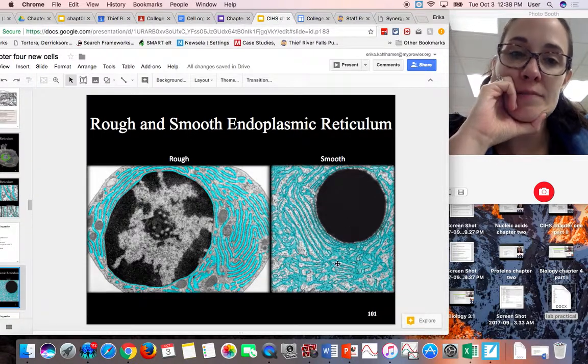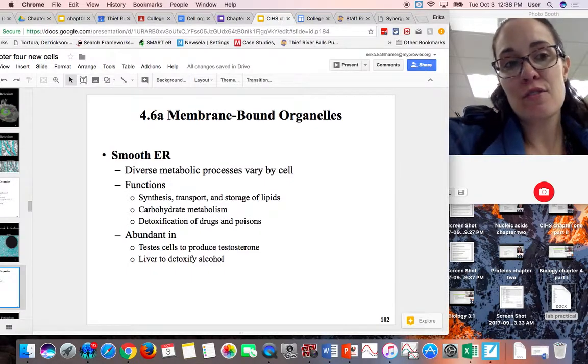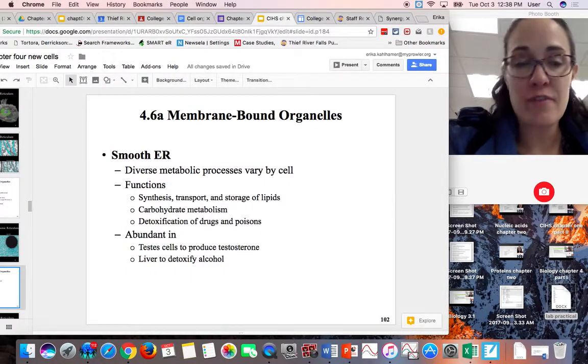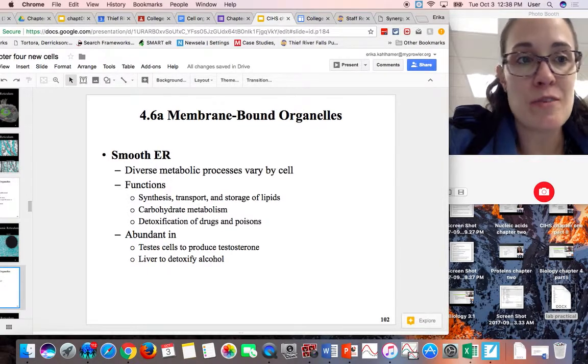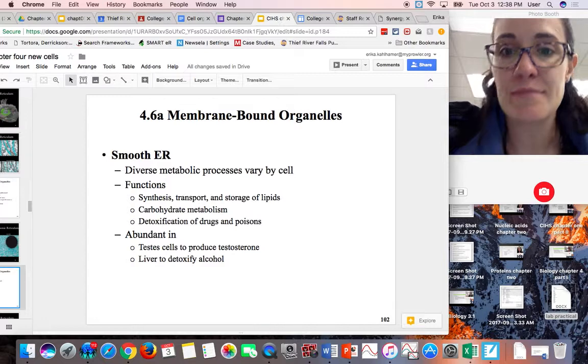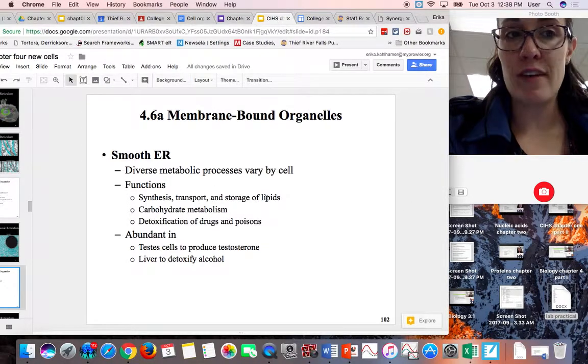The smooth ER doesn't have ribosomes. So the rough ER compared to the smooth has a different purpose. The smooth doesn't have ribosomes, so it's not involved in protein production. It's going to make fats, transport them, and store fats.